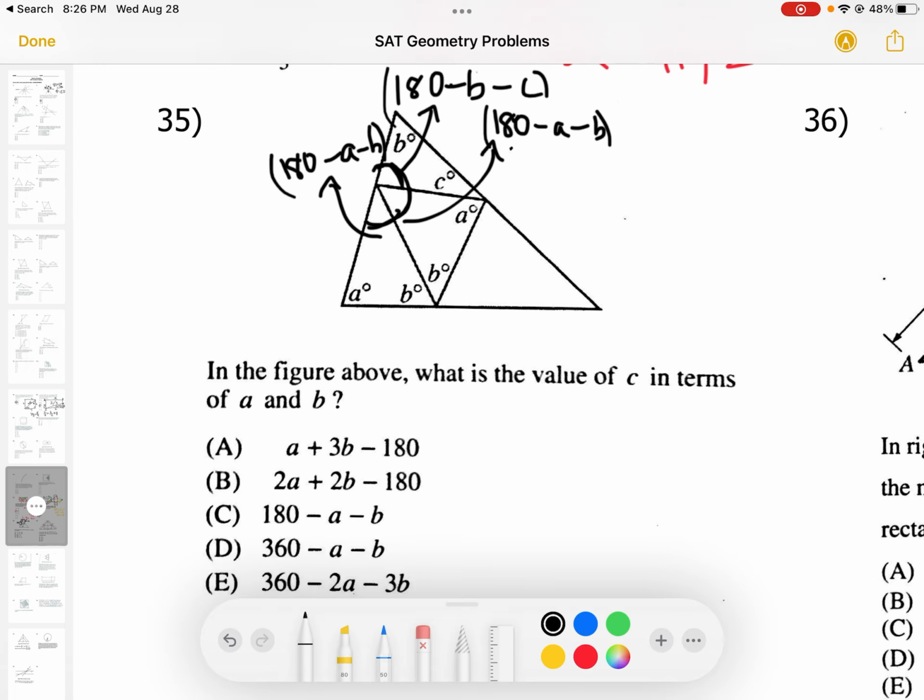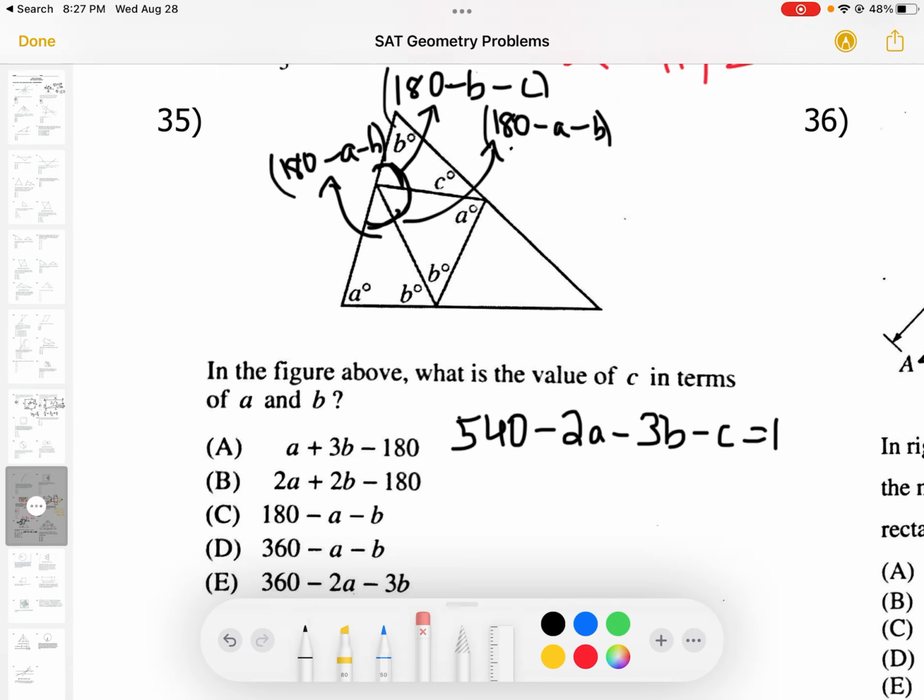Okay. So we have 180 times 3, so it's 540. 540 minus, how many A's do we have? We have minus 2A, and then minus 3B, right? Minus 2A minus 3B minus C is equal to 180.